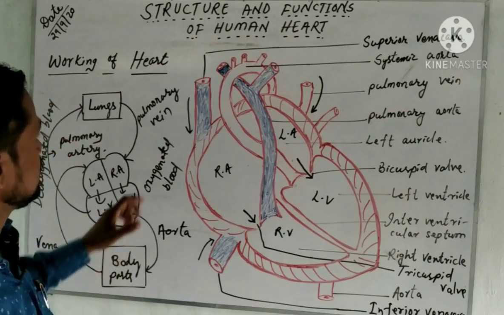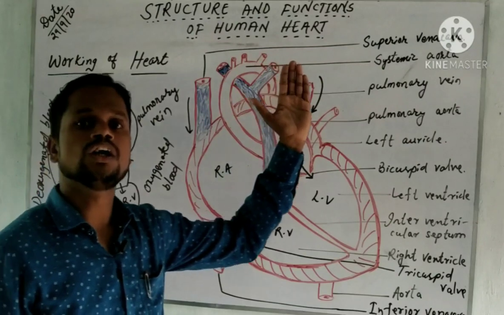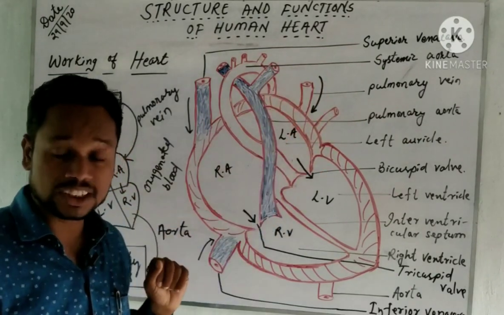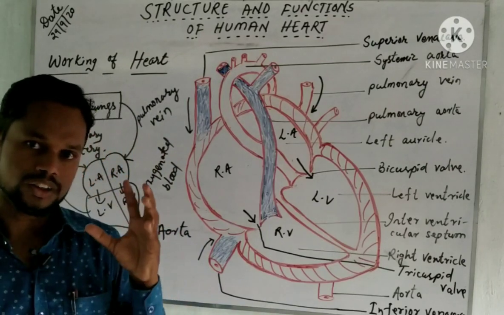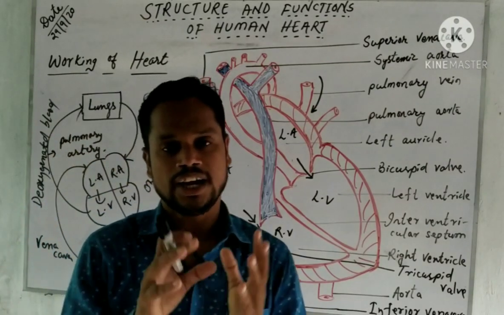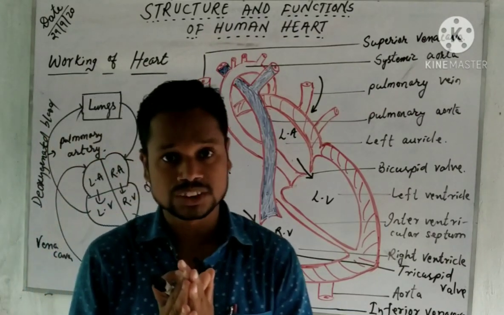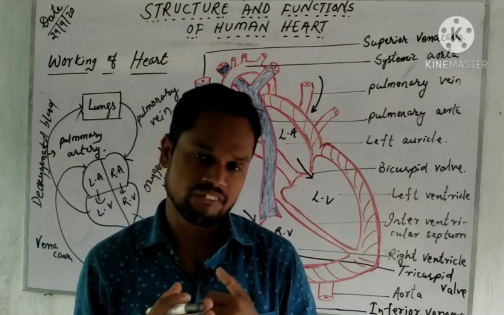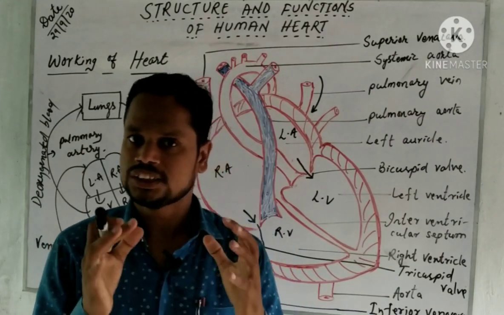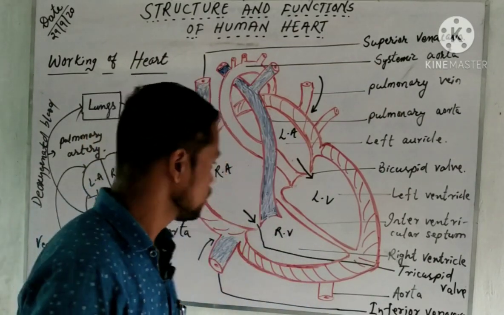Here many aortae, arteries and veins are present, which help in supplying blood to the heart and taking blood from the heart. You have to remember the names. Generally, we know that arteries carry oxygenated blood and veins carry deoxygenated blood. Still, some exceptions are there. We will discuss that.